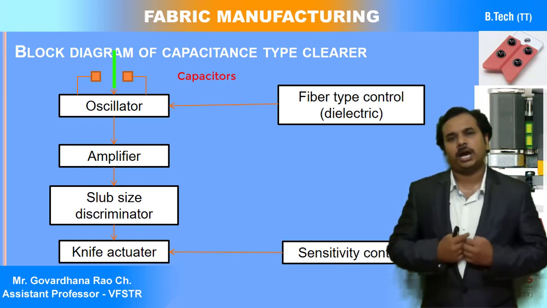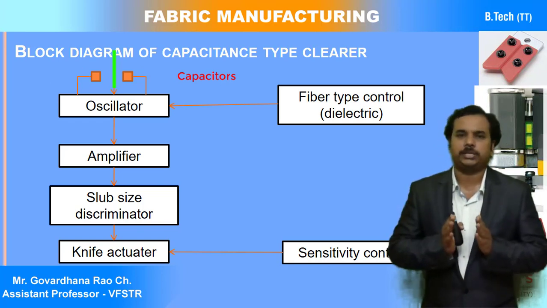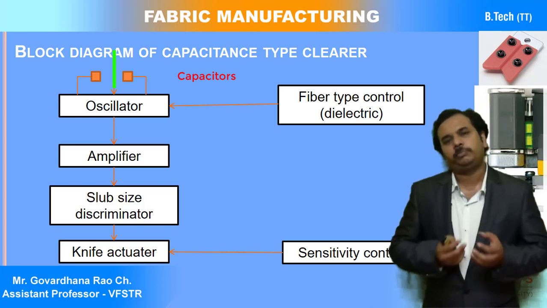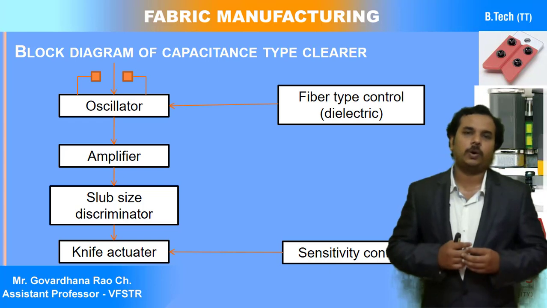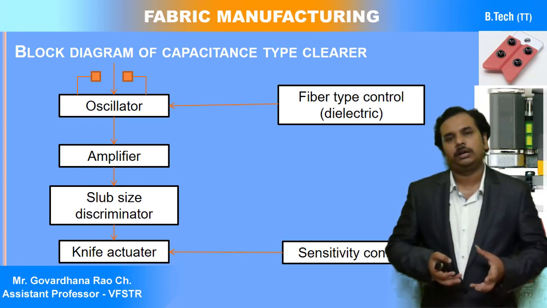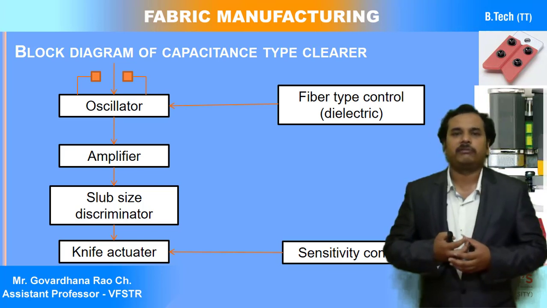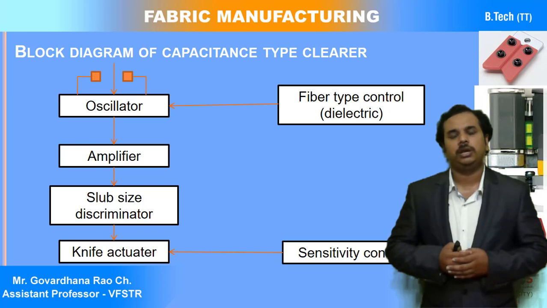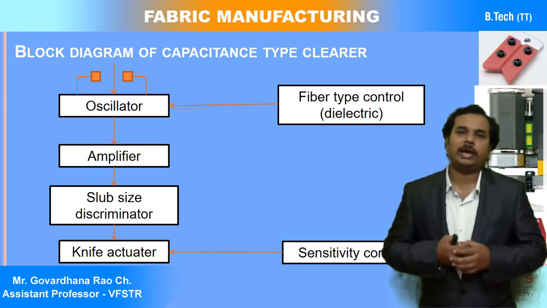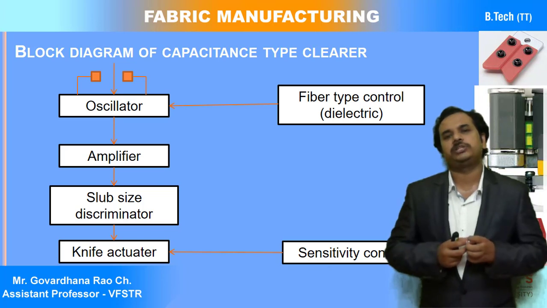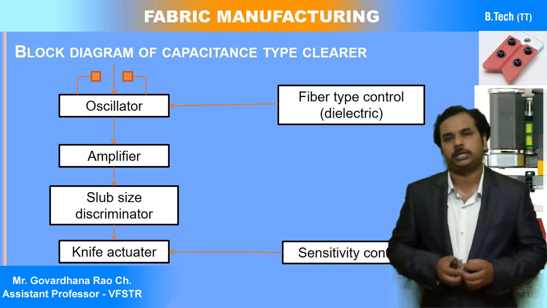Now when the yarn is passing between the two capacitor plates, if the yarn has thick places or thin places, the capacitance is going to vary whenever the yarn diameter or mass per unit area varies. So it will detect how much capacity is received by these two capacitors.